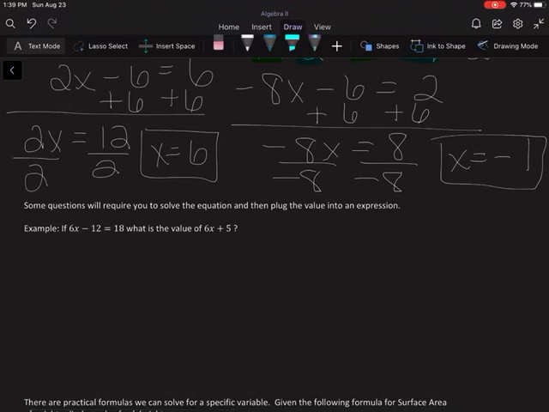Okay. I think I'm going to skip the last problem, but let's go ahead and do this one where sometimes you're going to have to solve the equation, then use that variable's value and plug it into an expression. This is a common thing on ACT. So I'm going to add the 12 here because I have to solve the equation first. And then divide by 6.